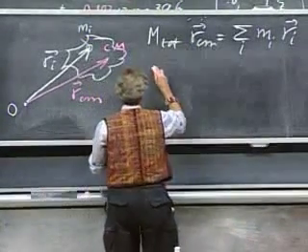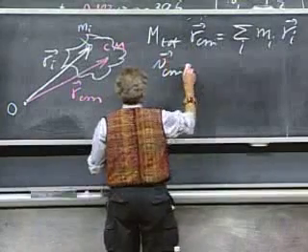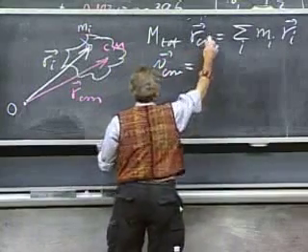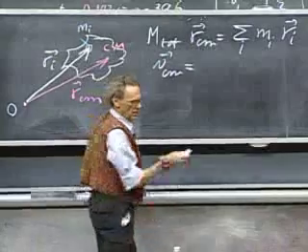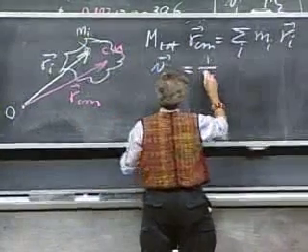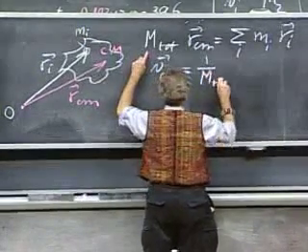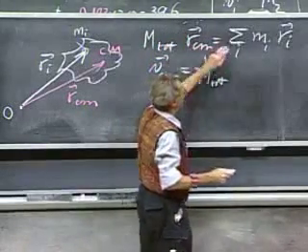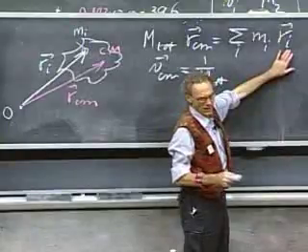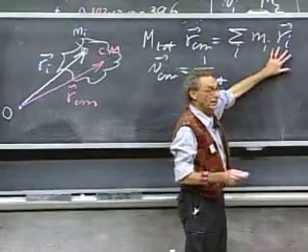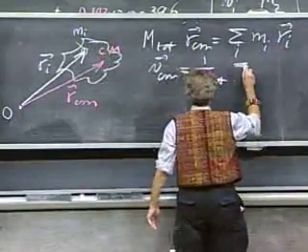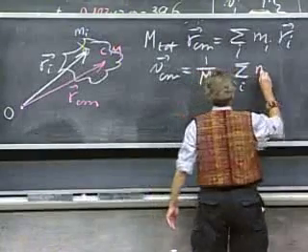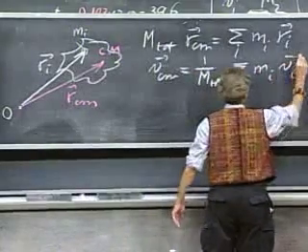V center of mass, I find that by taking the derivative of this equation, equals 1 over the mass total. I bring this on this side. I take the derivative here. And so here I get the sum of m_i times dr_i/dt. And so this is the sum over i of m_i v_i.